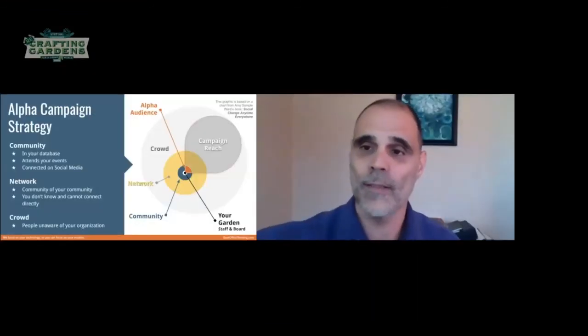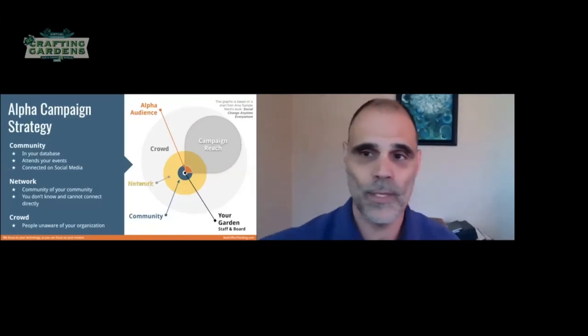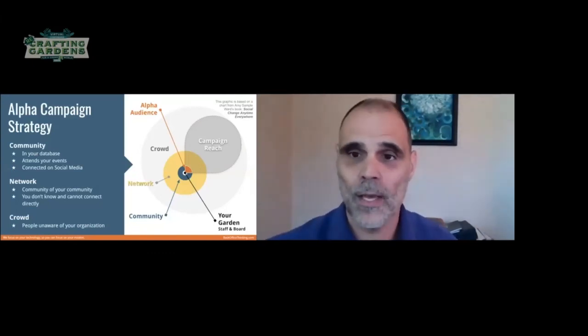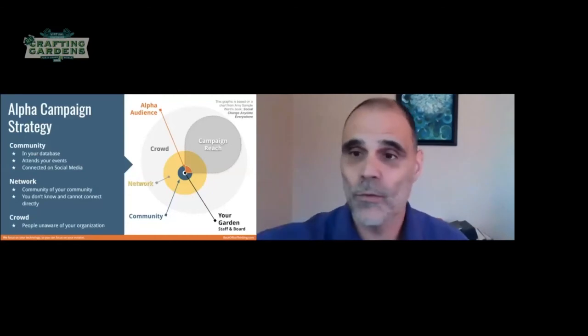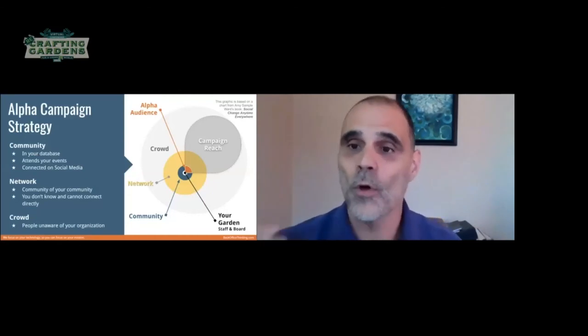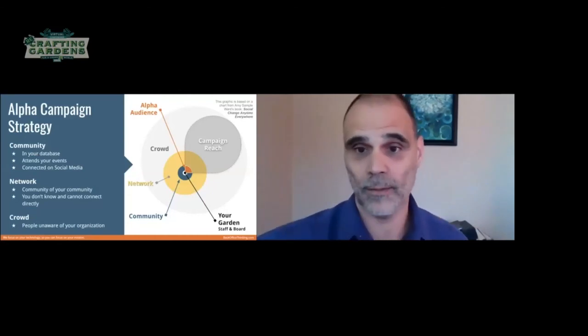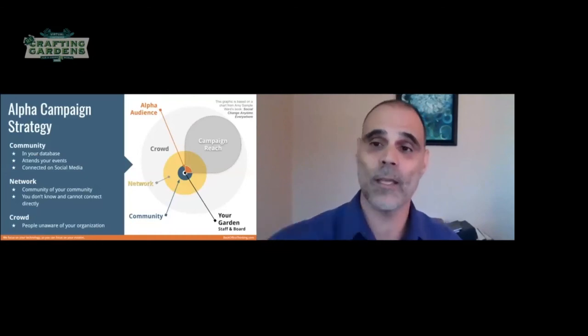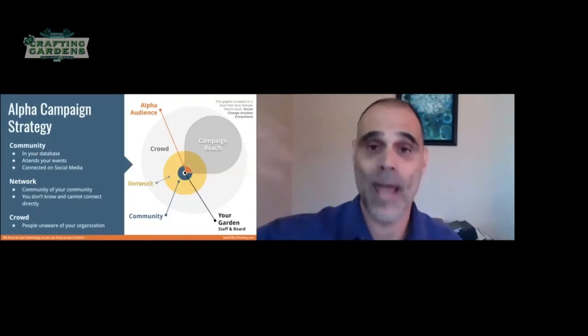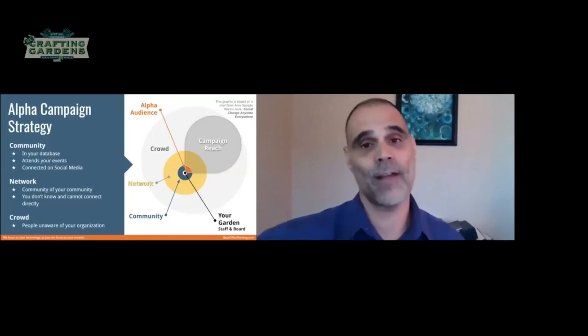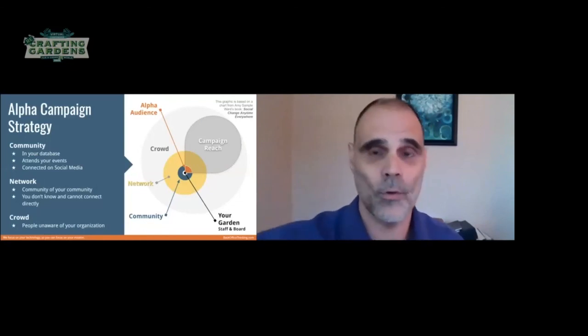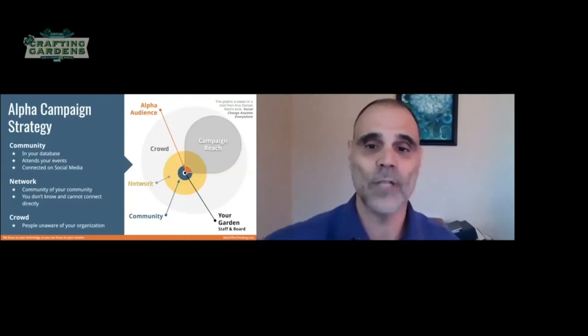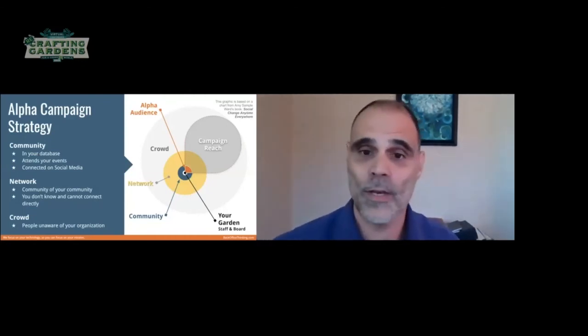That community that you can talk to directly, whether through email or social media, or even word of mouth, those are the people that you can talk to directly. That community can then talk to their network, and then the network, if they're very interested, will share it with the crowd. When something goes viral, basically it means that there's a lot of people in the community sharing it with their network and sharing it with that crowd.